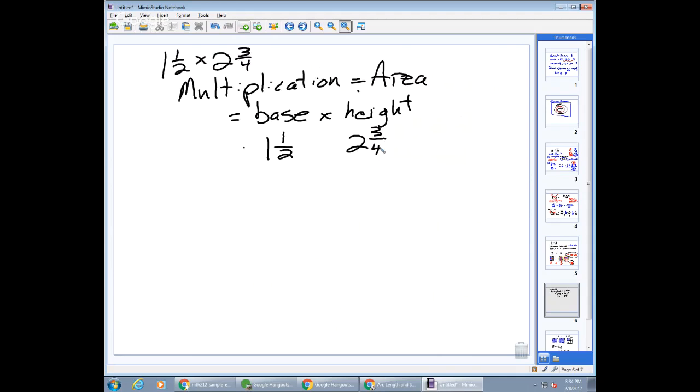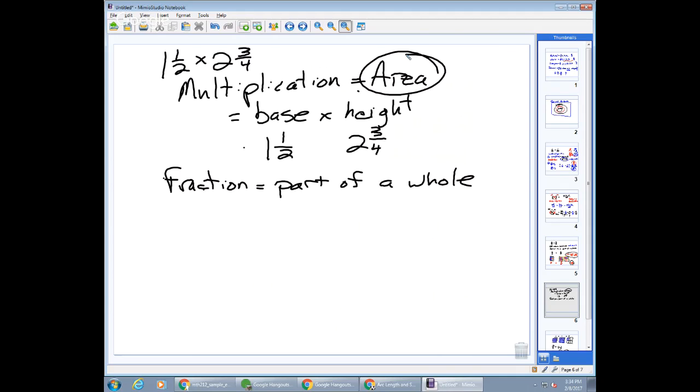Now, other thing to consider is what a fraction means. Fraction is what? Well, usually we consider to be part of a whole. All right, so I have to have the setup to explain what's going on. What does a whole mean with area? What would one whole area be?